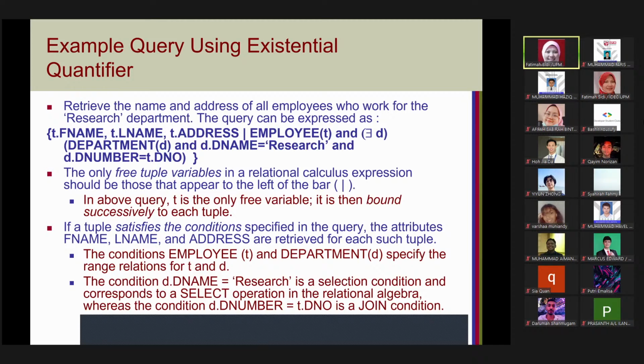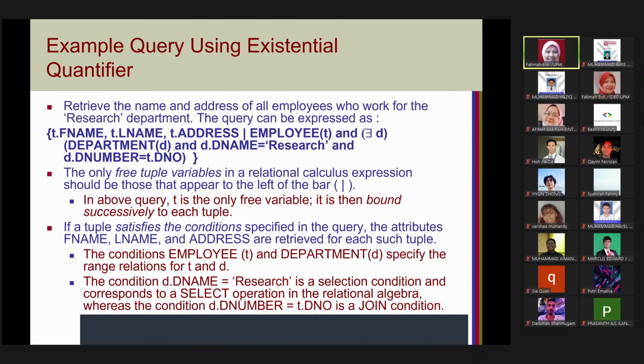So the query can be expressed as T.Fname, T.Lname, and T.Address, bar, this is the condition, Employee(T) and there exists D. This D refers to Department, because we only want those that exist in the Department, where the condition is Department(D) and D.Name equals 'Research' and D.Number equals T.Dno.